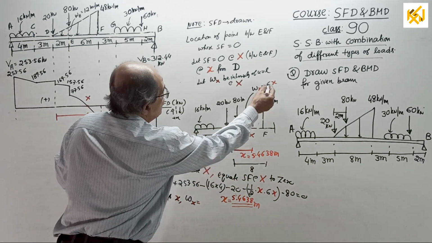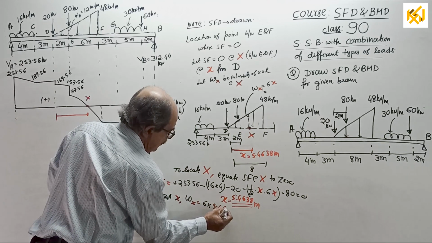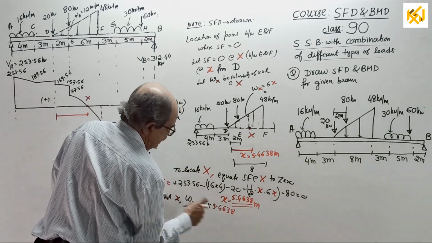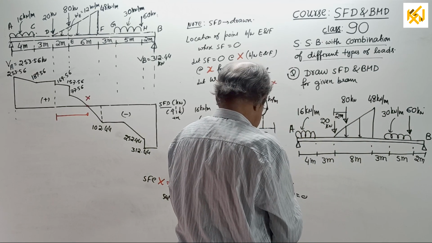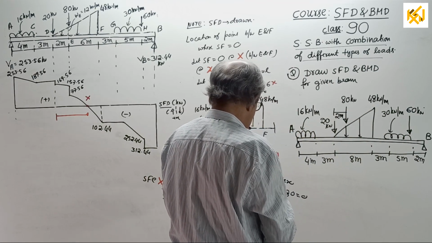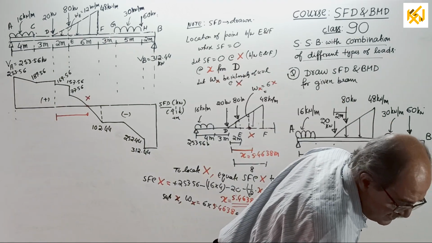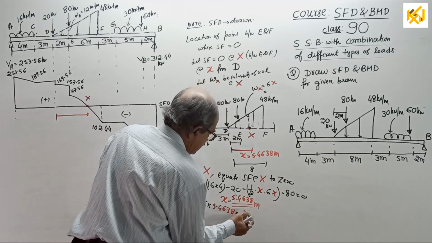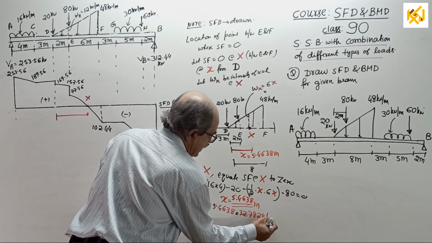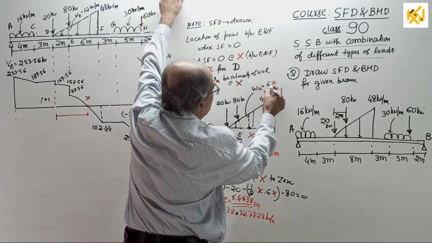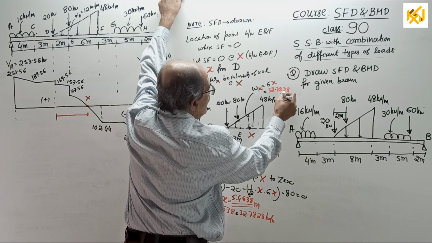How much? 6 into 5.4638 equal to 32.7828, correct? 32.7828 kilonewton per meter. Go back and enter here. 32.7828 kN per meter.